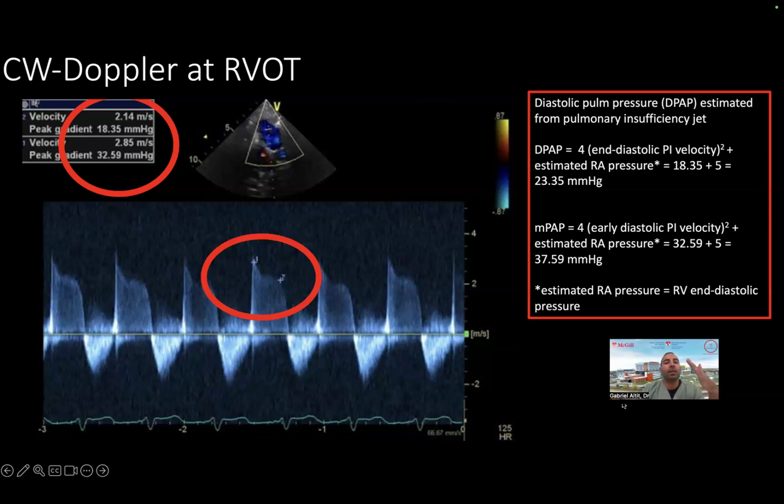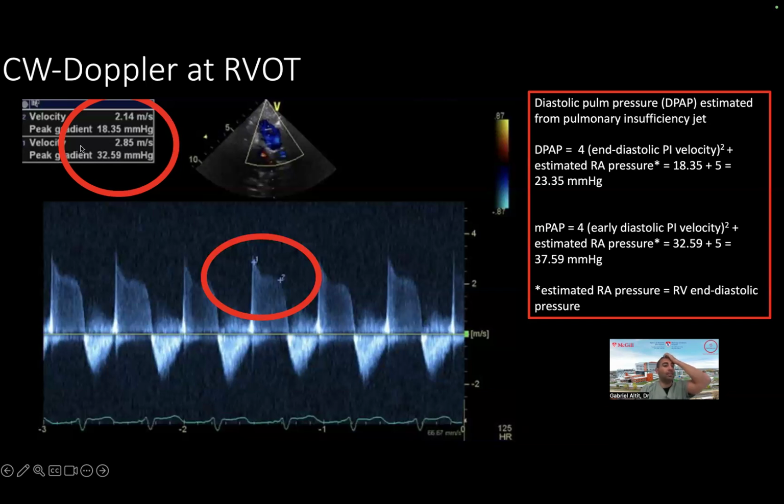Mean pulmonary arterial pressure. Some studies have looked at correlates between cath lab and echo, and people have seen that the mean pulmonary arterial pressure can be quite well correlated to the peak velocity of the pulmonary insufficiency jet. So here we call it the early diastolic PI velocity squared plus that RA pressure.